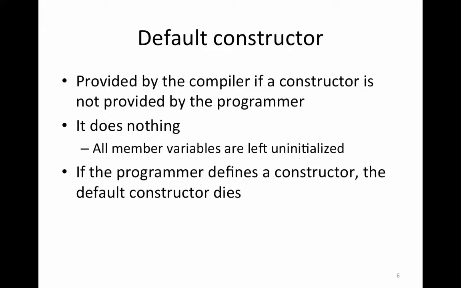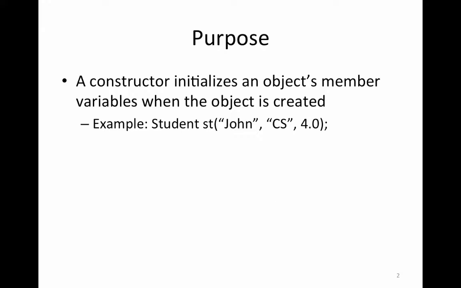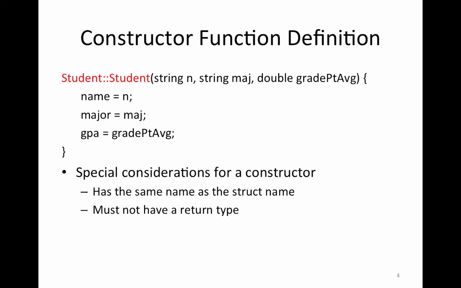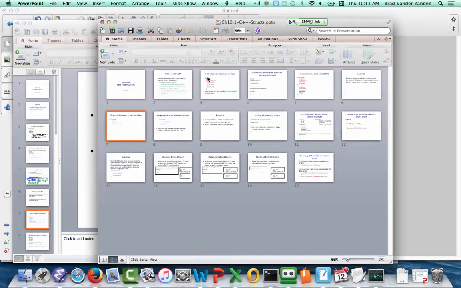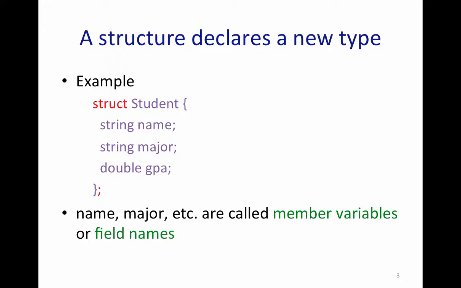So, what happens if we don't provide a constructor function? Okay. That's legal. I didn't do it early on. Here, I provided, whoops, not here. Here. So there was no constructor in this struct.